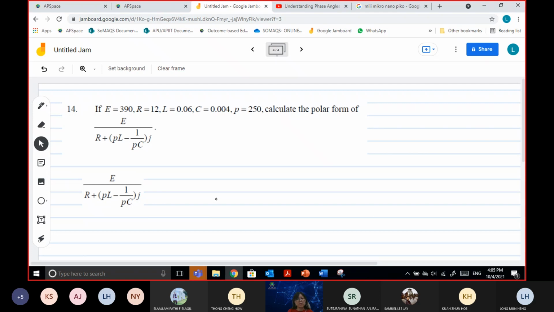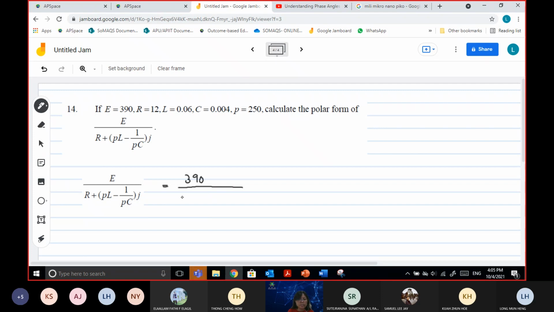So what is the first step to solve this question? For the values given, you just substitute into the formula. E is actually 390.